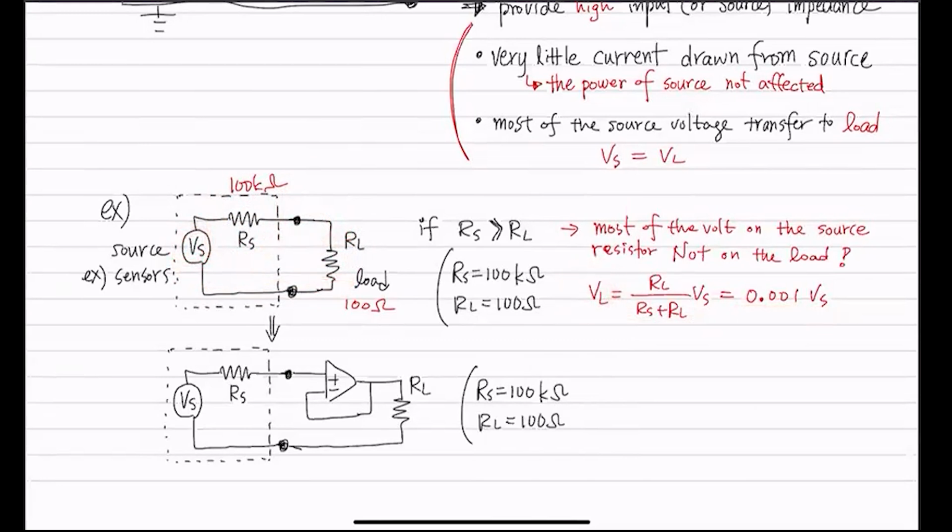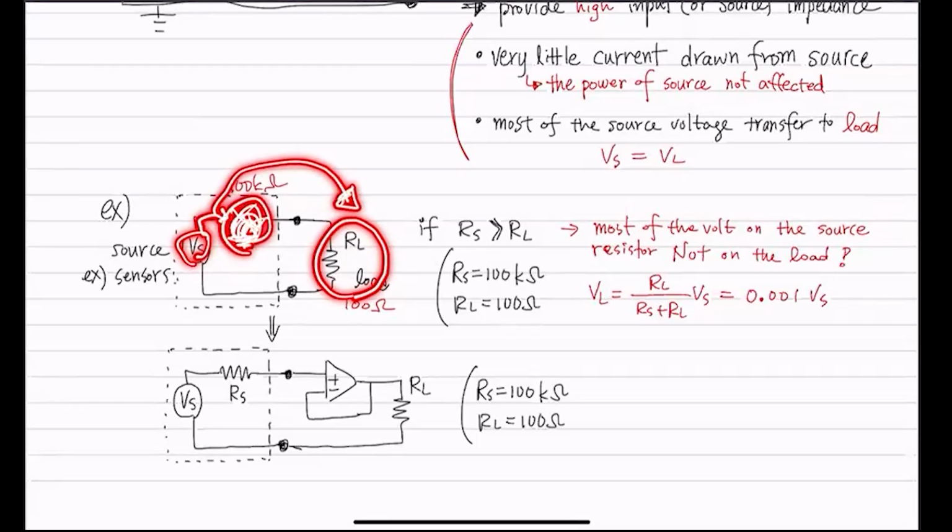Say you are measuring a thermocouple, and it naturally generates a tiny voltage. That tiny voltage is not being measured by your system because it is all applied to the parasitic resistance, and you cannot measure anything out of your measurement node. See what I'm saying?